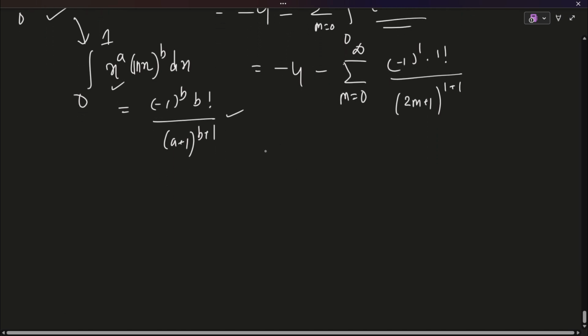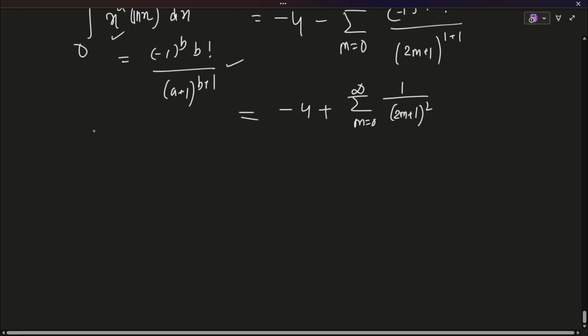Now, therefore, this becomes minus 4 times the sum m equals 0 to infinity of 1 by 2m plus 1 whole squared. Therefore, the value of I is then the summation of m equals 0 to infinity 1 by 2m plus 1 whole square minus 4.